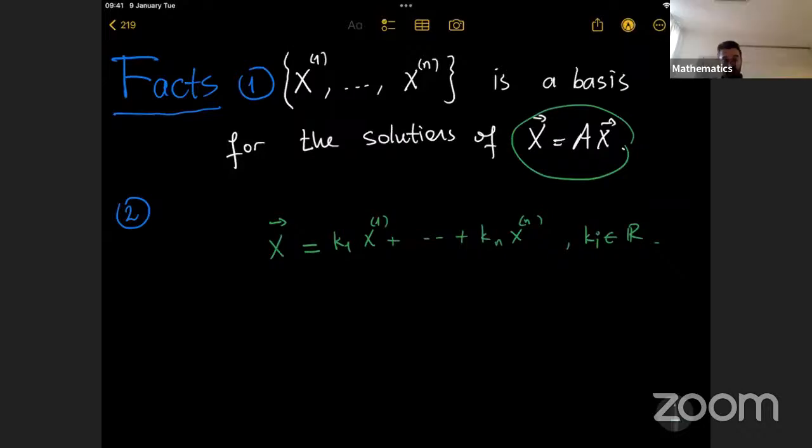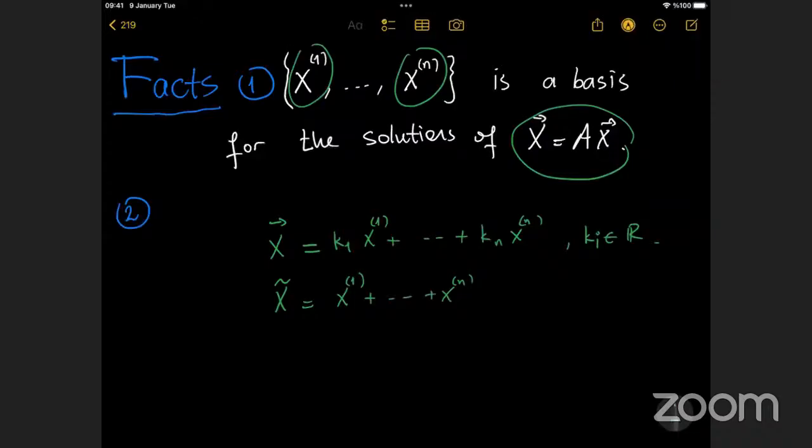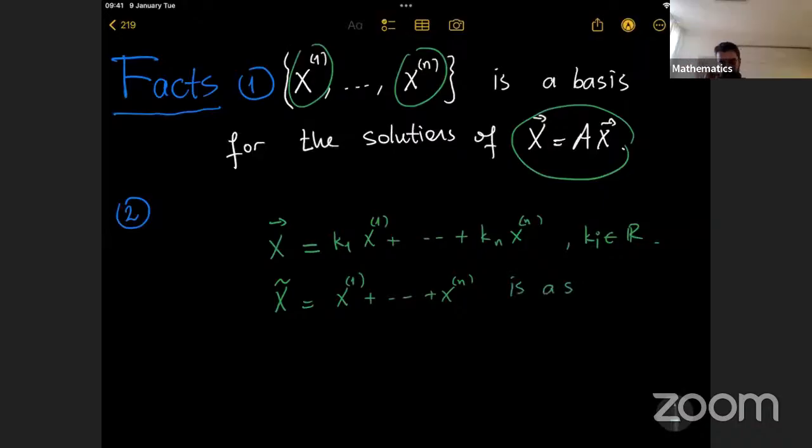No. What I'm saying is the basis is the set of these solutions, but if you take, for instance, this vector, let's say x tilde, which is x1 plus up to xn, right? You are saying this, right? So k1 up to kn is equal to 1. It's a solution to this equation, okay?